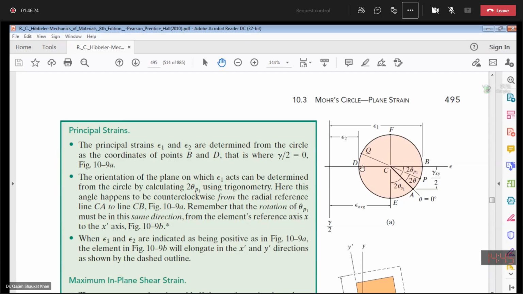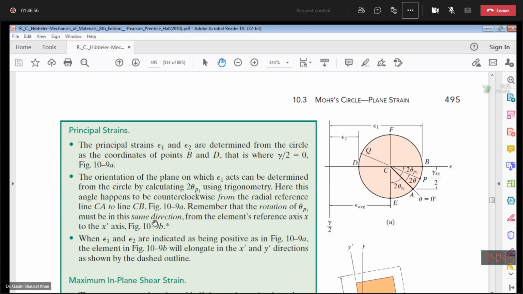The orientation of the plane on which epsilon 1 acts can be determined from the Mohr circle by calculating 2 theta P1 using trigonometry. Here this angle happens to be counterclockwise from the radial reference line CA towards the line CB. Remember that the orientation of theta P1 must be in this same direction.